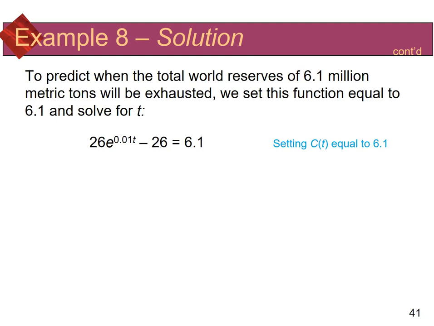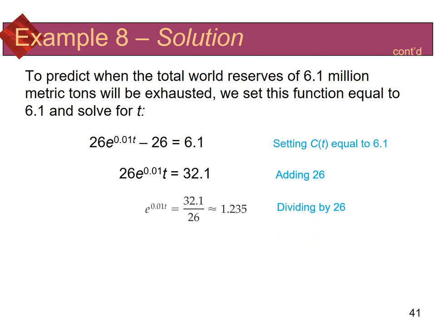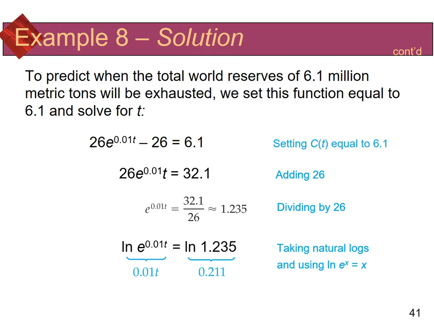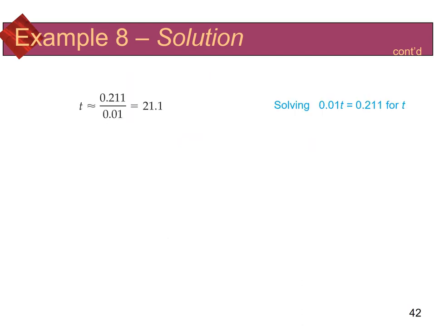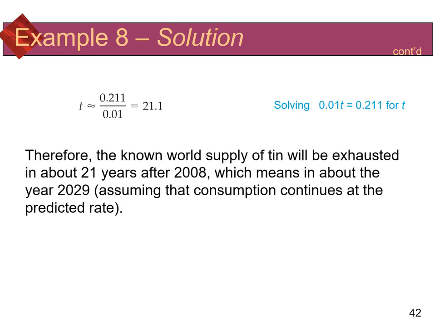I'm going to add 26 to both sides, divide by 26 on both sides, take the natural log of both sides, and then divide by 0.01. So basically, if it continues at that rate of change, in a little after 21 years after 2008, the world's tin supply will be exhausted.